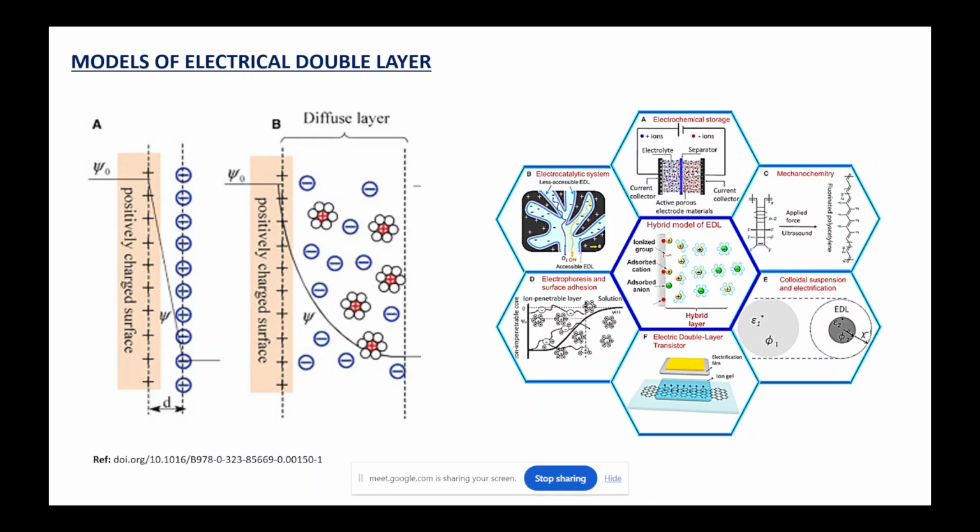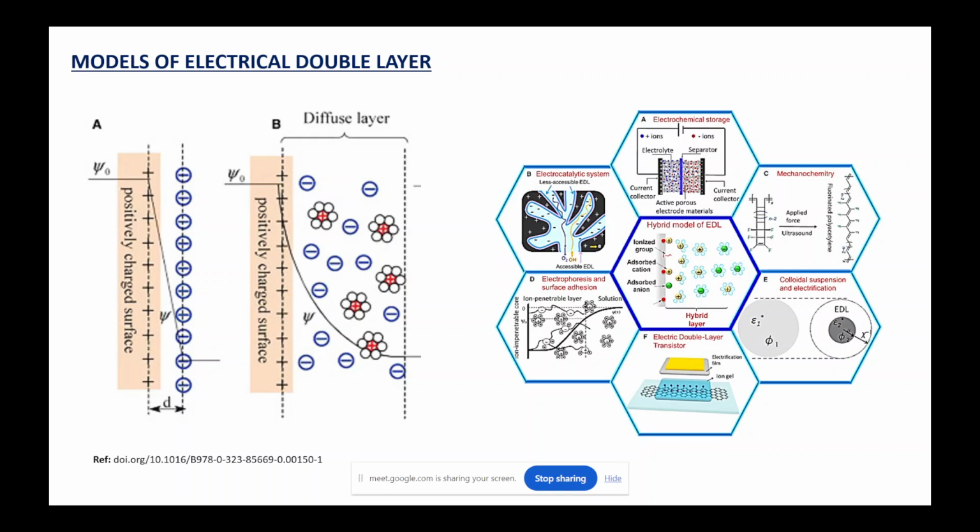But the question that comes here is, when you place this kind of surface or any charged particle in the solution, will there not be any other effects happening in the solution? We can take a small example. If you take a beaker and drop some ink or any other material, there will always be some movement.